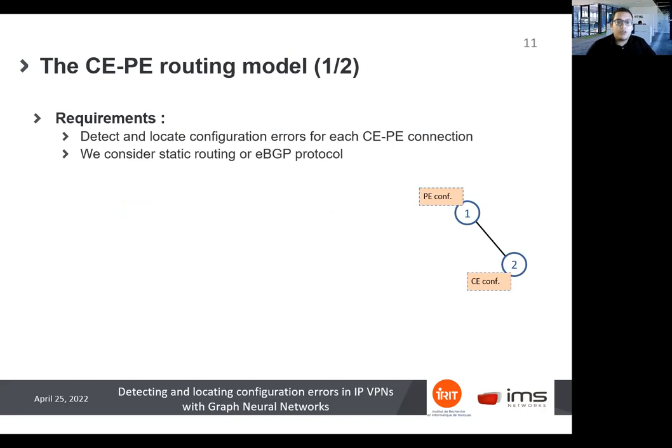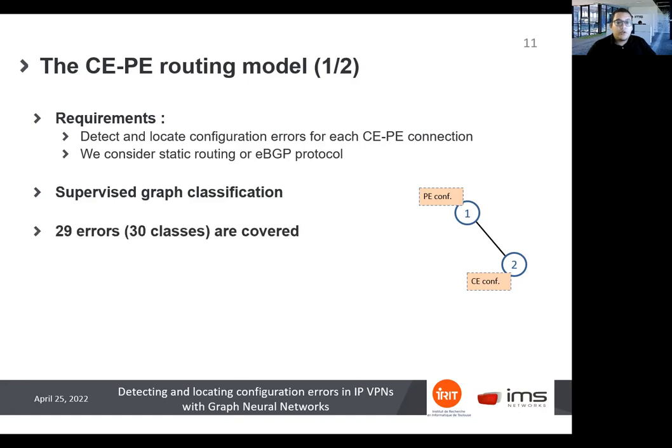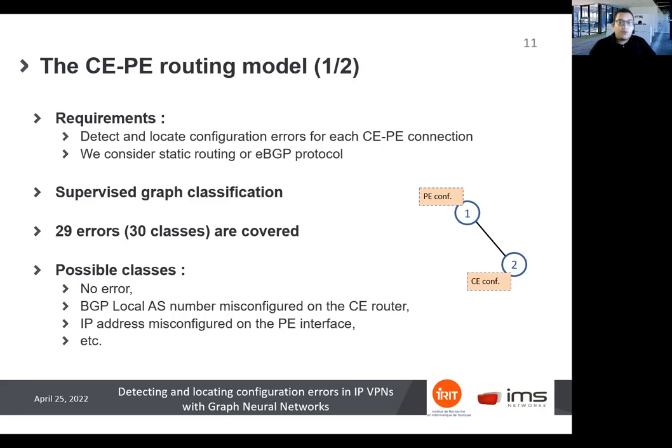One represents the CE configuration, and the other represents the PE configuration. The learning task is graph classification, and we cover 29 possible errors. BGP AS misconfigured on the CE router or a misconfigured IP address are examples of possible errors.